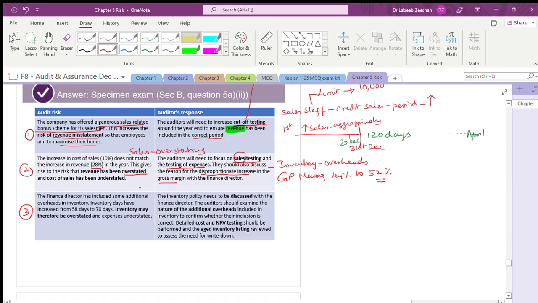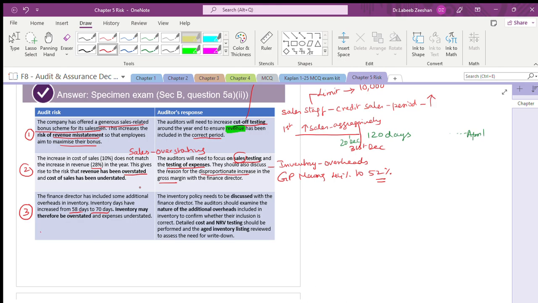Next. Okay, slowly. The finance director has some additional overheads on inventory. What will happen? The inventory turnover days has increased from 58 days to 70 days. We have calculated this. Inventory may be overstated. Inventory means you are adding overheads.